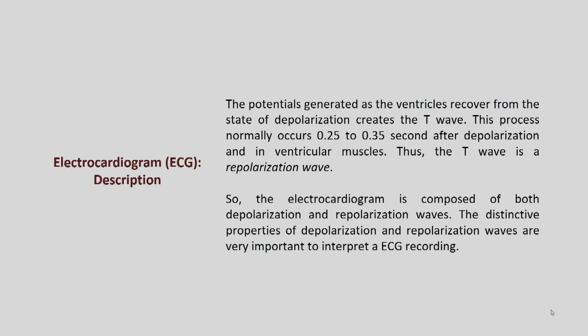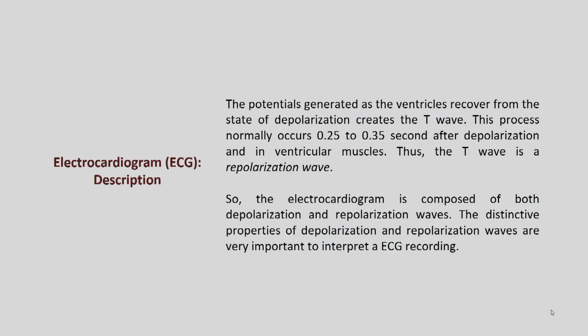So, the potential generated as the ventricles recover from the state of depolarization is repolarization. That creates the T wave, and this particular T wave process continues for 0.25 to 0.35 seconds. Because of repolarization we call this T wave the repolarization wave. So, the electrocardiogram is composed of both depolarization and repolarization waves.